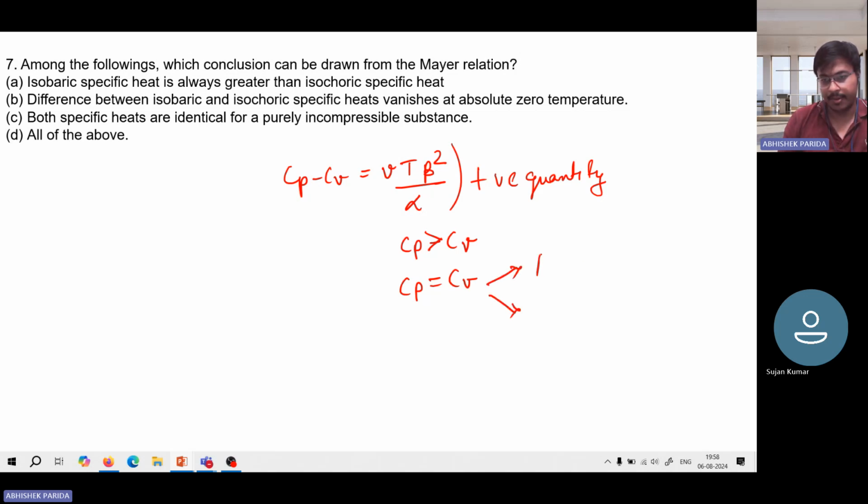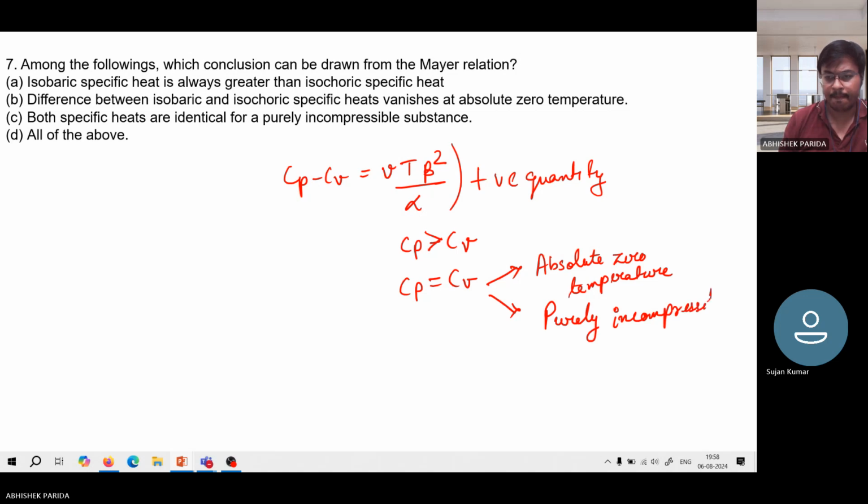One is absolute zero temperature, and the next case is for a purely incompressible substance. These are the two cases where Cp is equal to Cv. So A, B, C are all correct. So D.